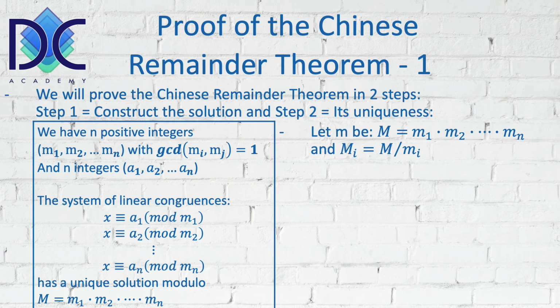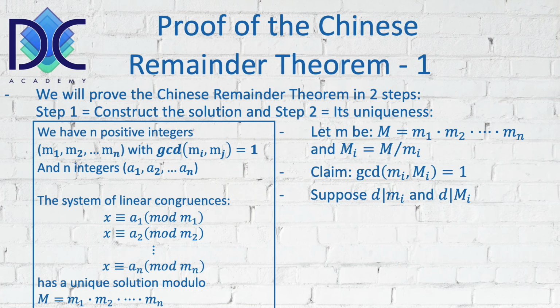So basically the modulus mi is kept out of this product. Now the next thing is we claim that the greatest common divisor of the modulus mi and capital Mi is equal to 1, which means that they are relatively prime integers.